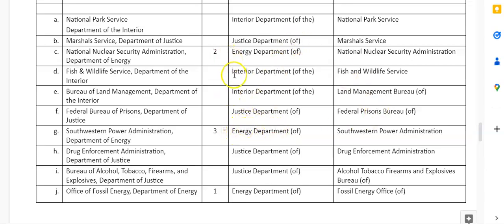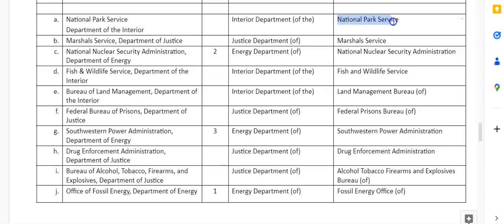Now that I've gotten through all of my E's, I want to go through the next letter, and that's going to be my I's. So I have about 3 Interior, Department of. I have one here, and another here. Because all of these are the same, I'm going to go to level 3.